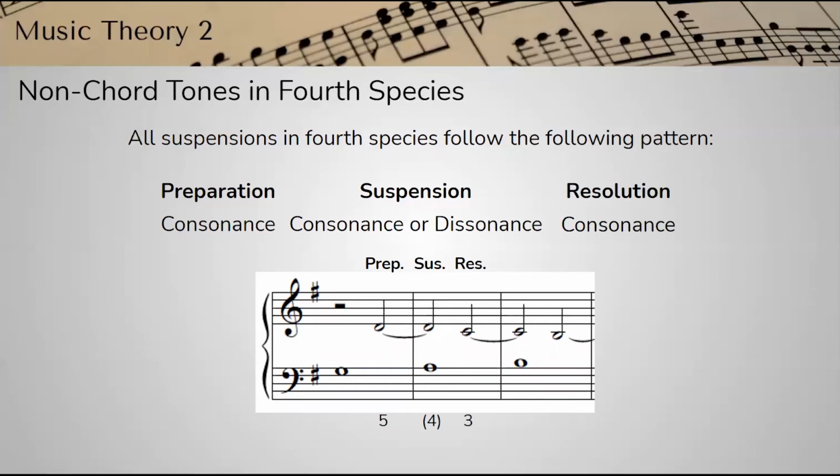So since that resolution is a consonance, we can use that as the next preparation, right? So then we have our third preparation, which becomes a second when the bottom voice moves, which is dissonant, which can then resolve to a consonant unison in this case. So we have this constant sort of overlapping of this three-step process.